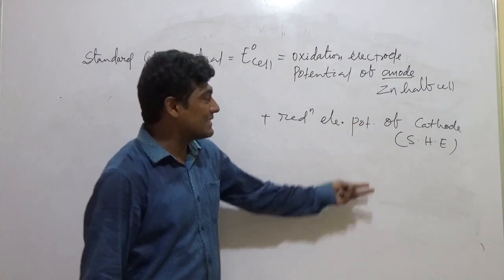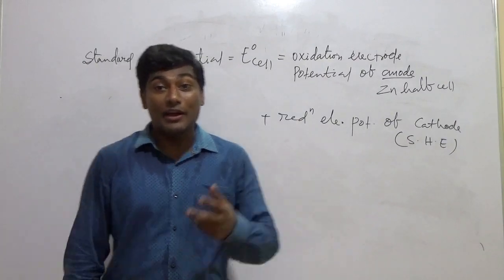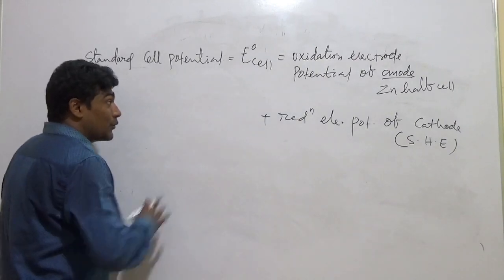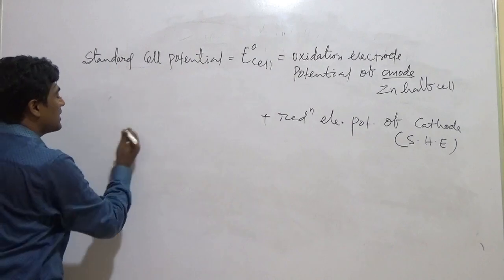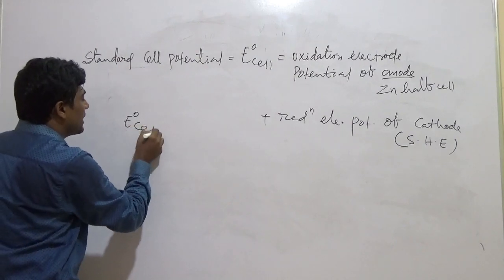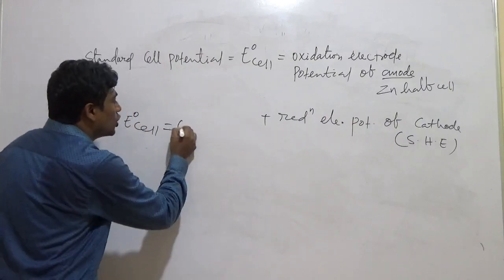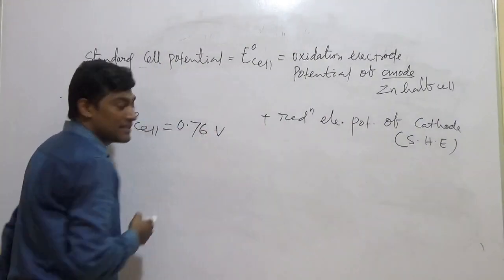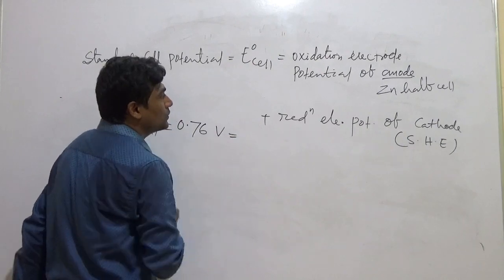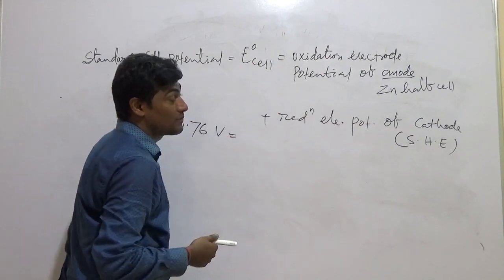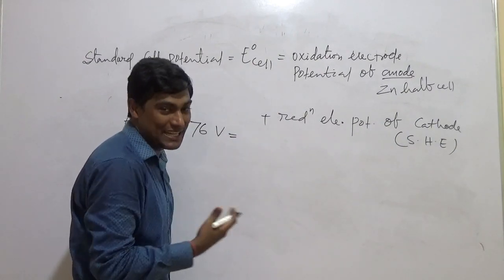In this instance, this is the standard hydrogen electrode. Are you getting me now? So we can write the standard cell potential E°cell, which we have already measured from the voltmeter to be 0.76 volt, is equal to the oxidation electrode potential of the zinc half cell, or anode in this case.